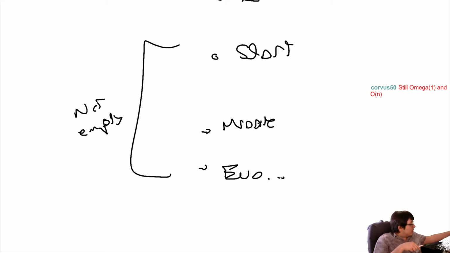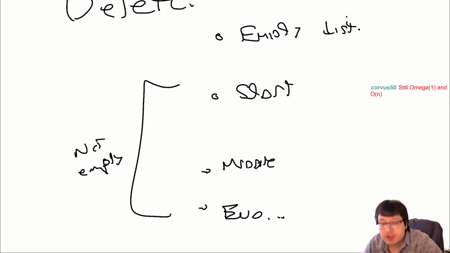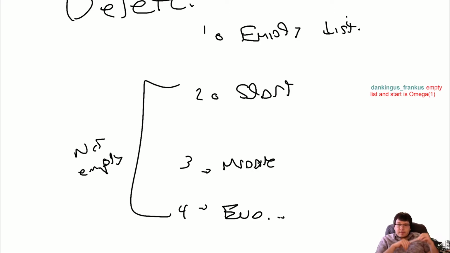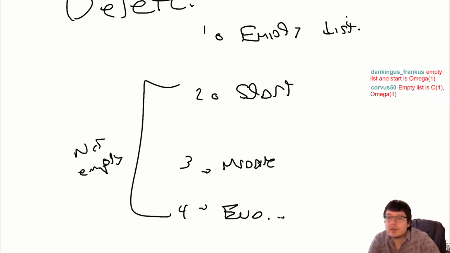Still omega of 1 and O of n. Right, but what about independently of each of these? We'll call these 1, 2, 3, and 4. What is 1? What is 2? What is 3? What is 4? Empty list and start is 1.